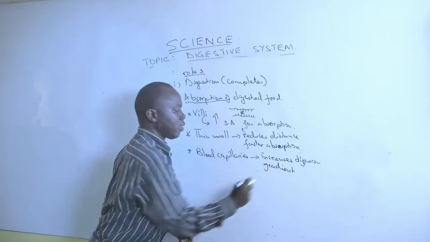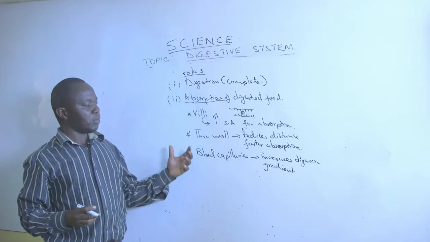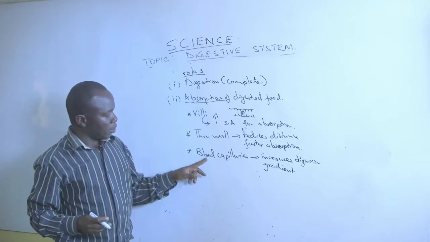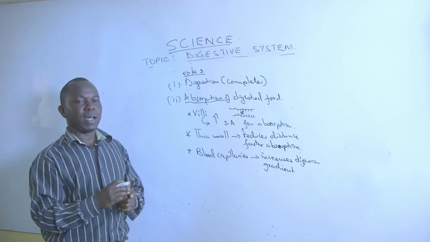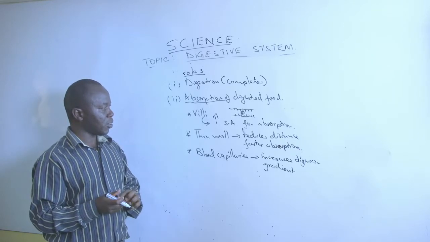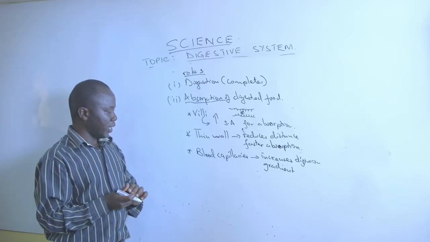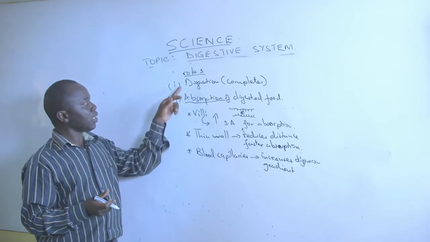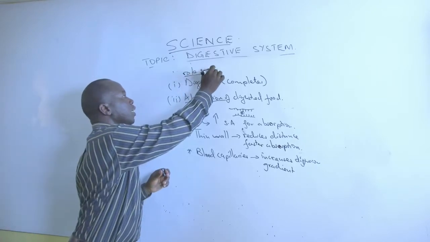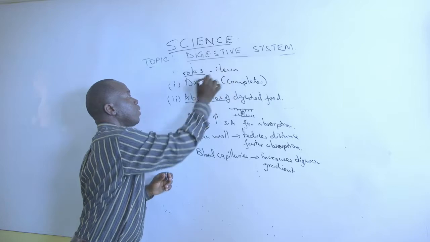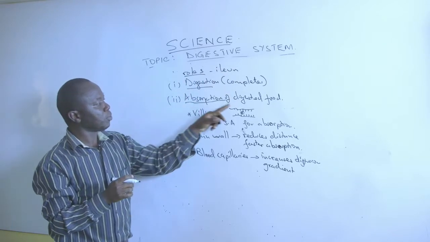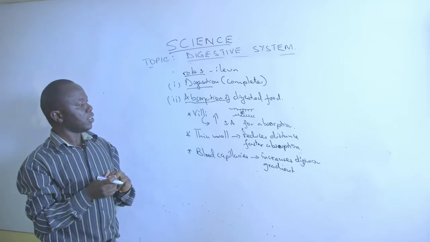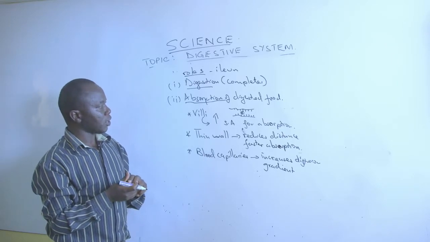In other words, food materials are going to be absorbed very fast because of many blood capillaries supplying blood and taking away the food materials very fast. So those are the major roles of the ileum: complete digestion and absorption of digested food materials.